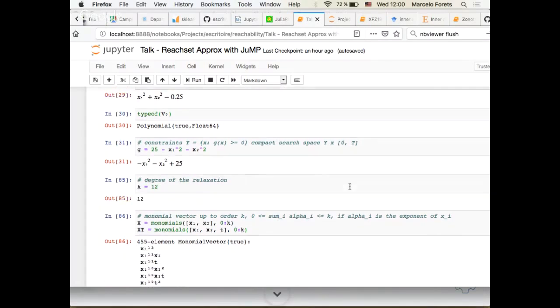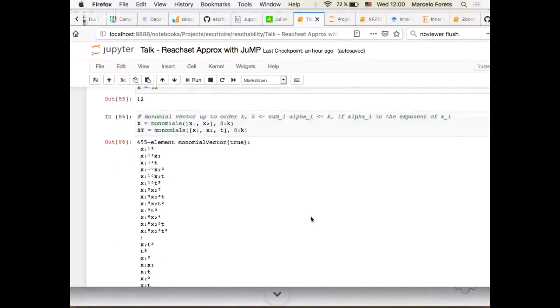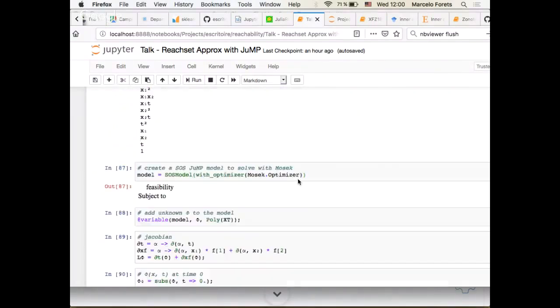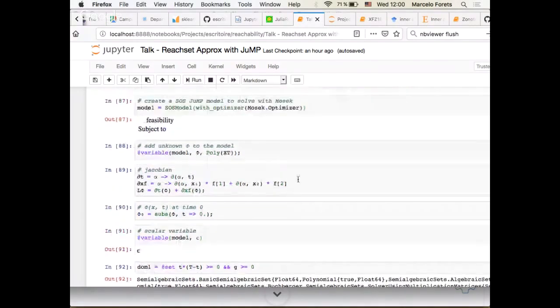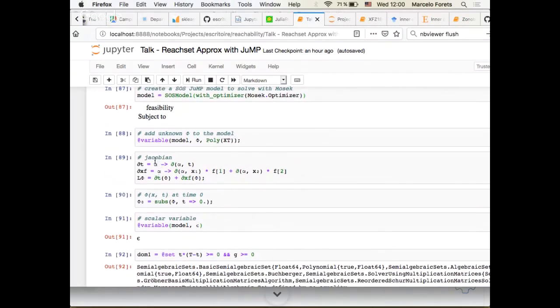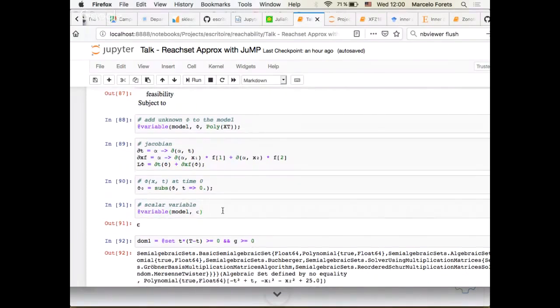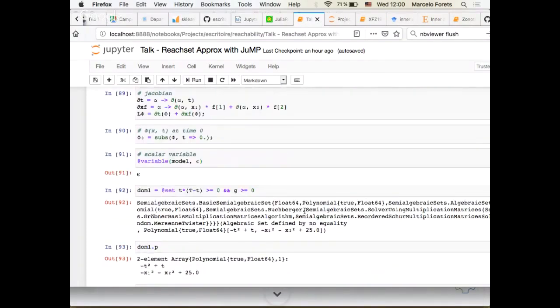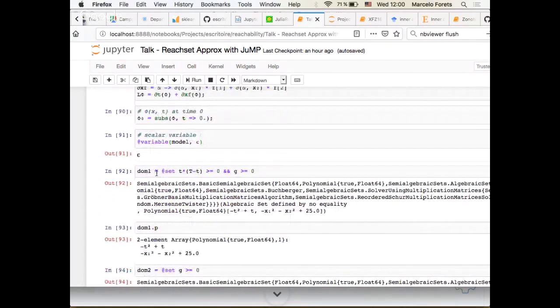I define the vectors of monomials up to degree 12 for this example, and I finally give my model using the Mosek optimizer, and I calculate the Jacobian of the flow, and then I add the variables of the model.